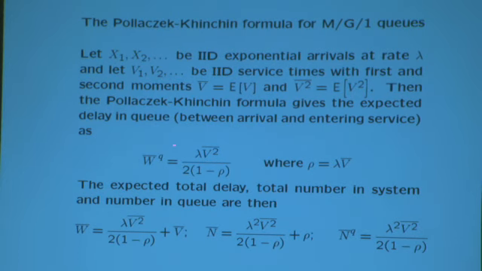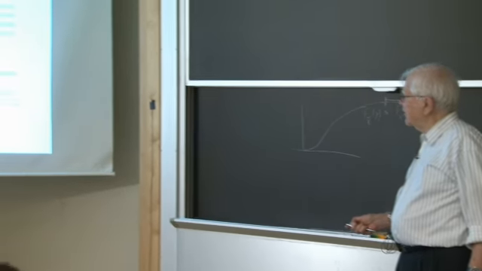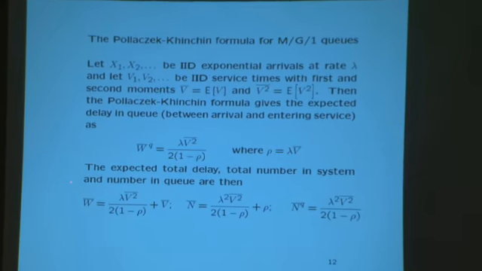When you go from the expected number in the queue to the expected number in the system, what is it? Well, the expected time in the system is going to be the expected time in queue plus the expected service time. A customer comes into the system, he waits in the queue for a while, then he gets served. This is his expected service time. This is his expected time waiting for service.